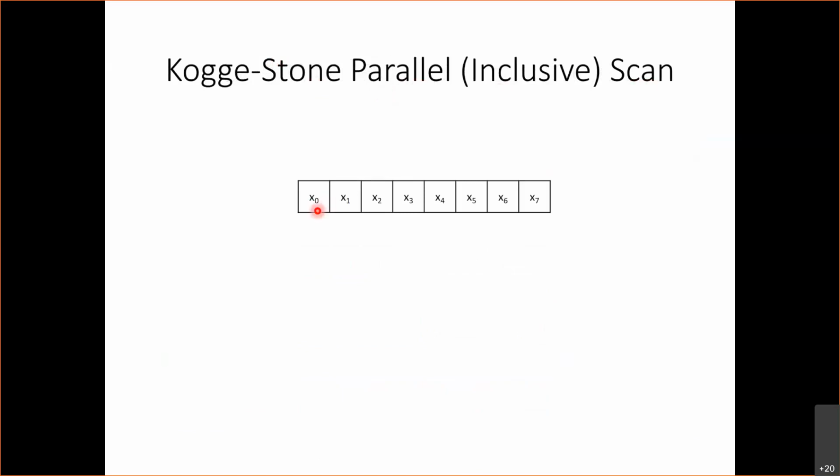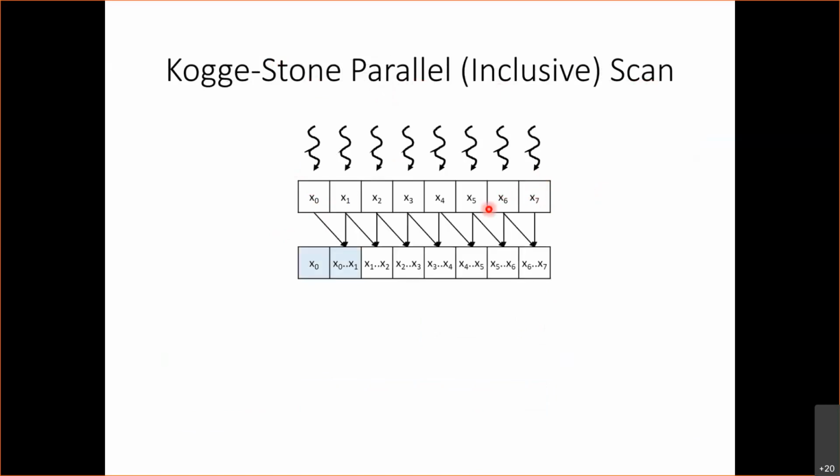I'm going to start off with this array x0, x1, x2 to x7. I'm going to assign a thread to each one of these values. Then in the first iteration, every thread is going to add the element it owns to the previous element, the element that's 1 to the left.